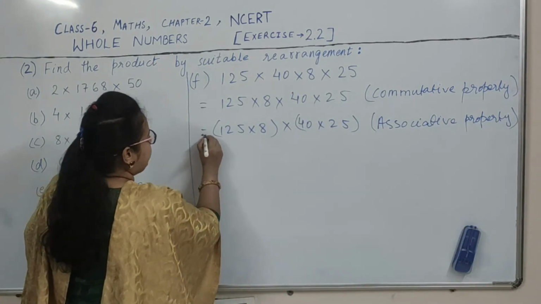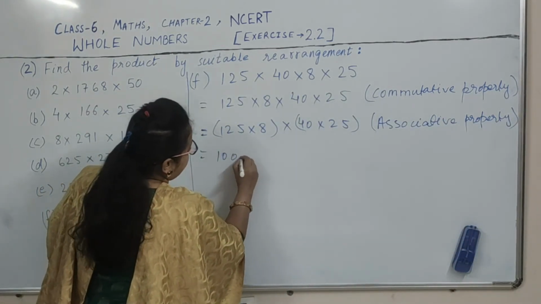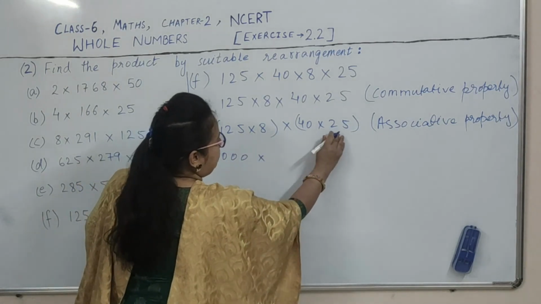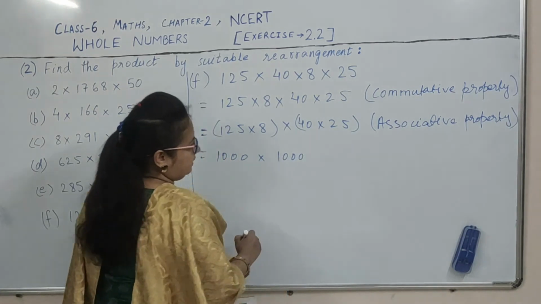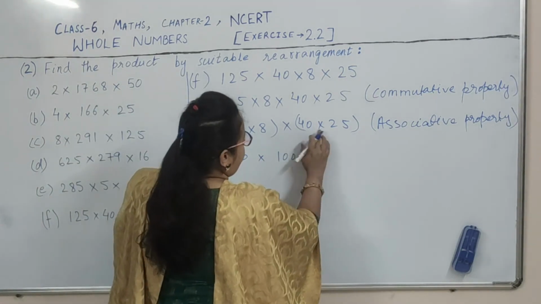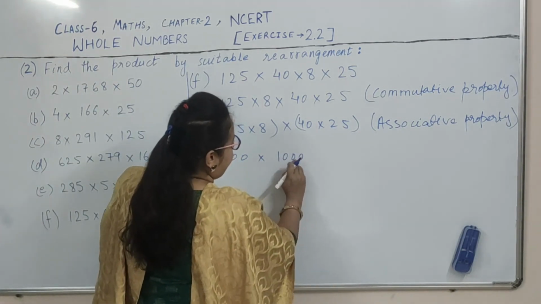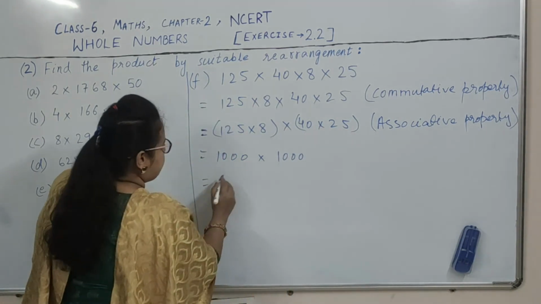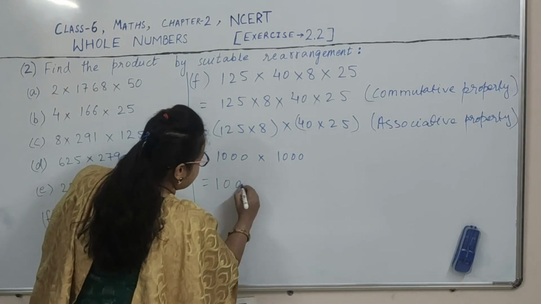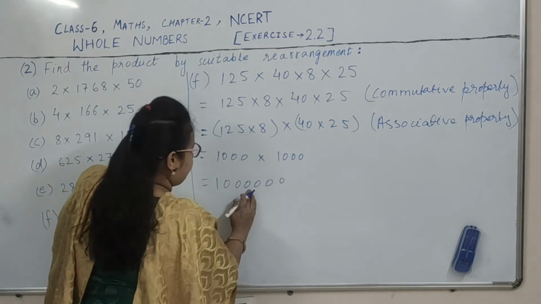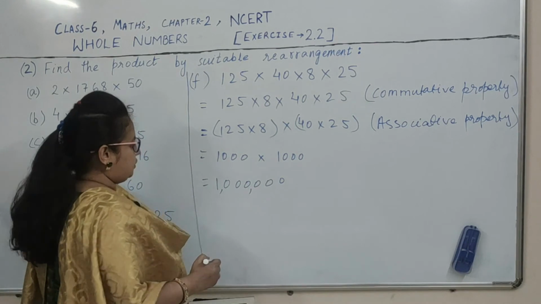125 into 8 is 1000 and 4 into 25 is 100 and this 0 will come here. Okay. Now what is that? 1 into 1 and 3 zeros and 3 zeros. So 6 zeros will come here. So this one is how much?